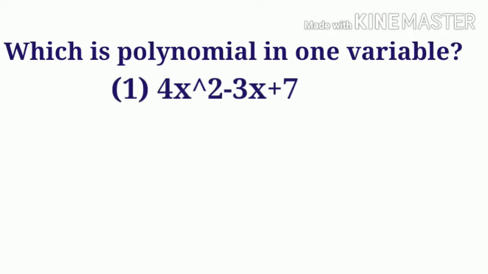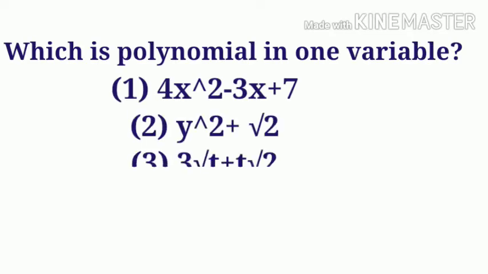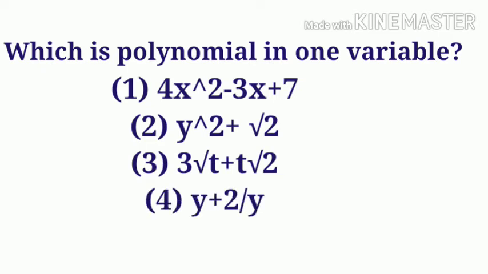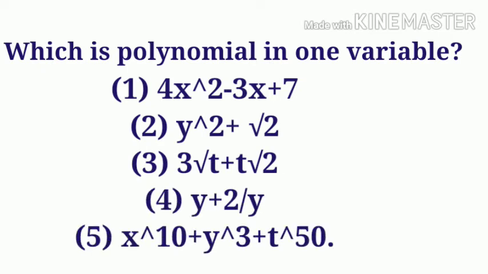Now, let's see which is a polynomial in one variable. In the first example, the power of x in the first term is 2, in the second term it is 1, and both the powers are non-negative integers.